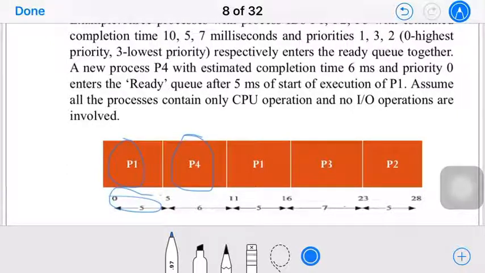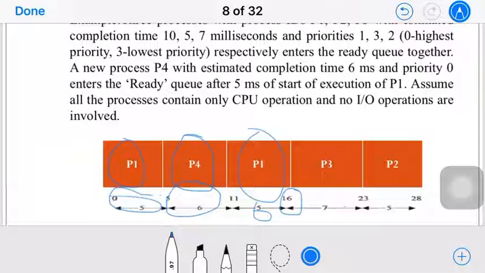P4 will take 6 milliseconds to execute, so 5 plus 6, 11 milliseconds. P4 is done. Once P4 is done, again who is having the highest priority? P1 is left with 5 more milliseconds, so P1 will execute for 5 more milliseconds. So 11 plus 5 is 16. At 16 milliseconds P1 is over.